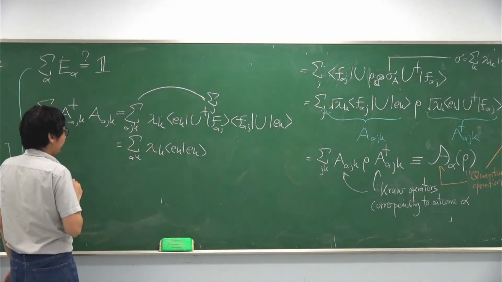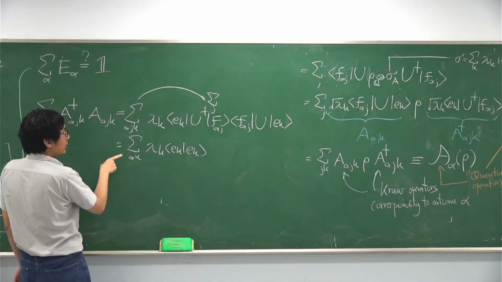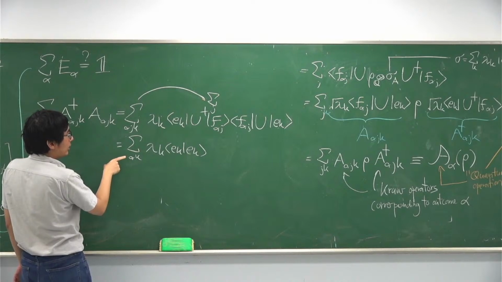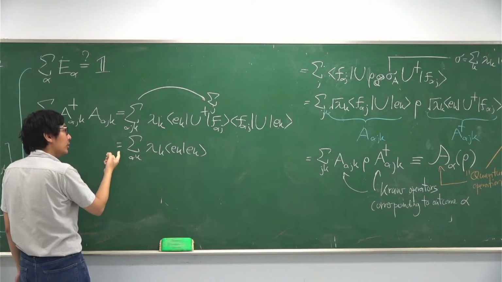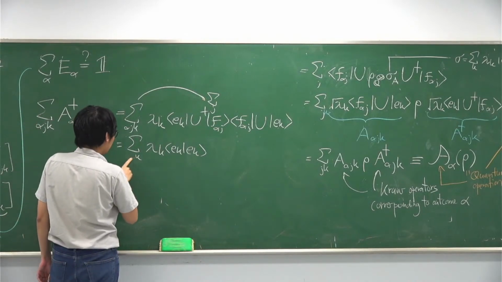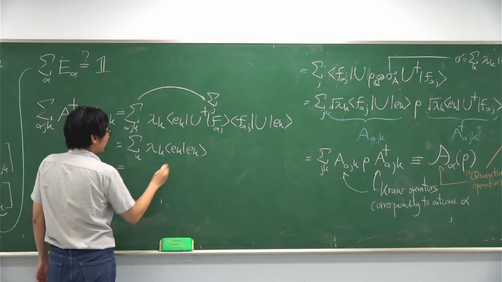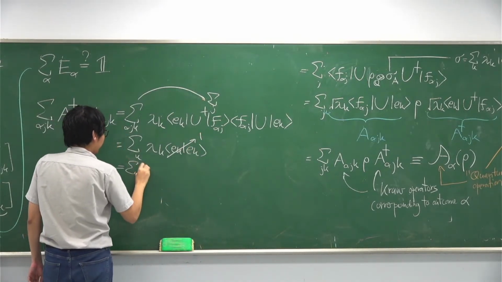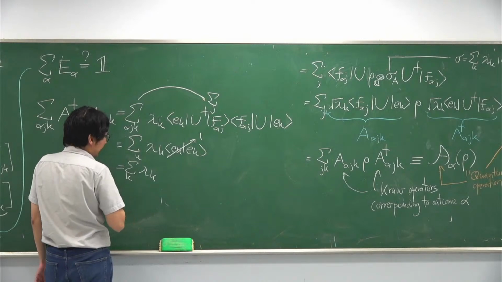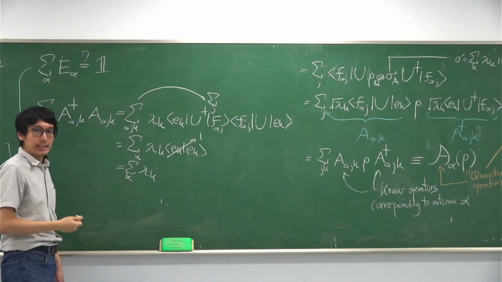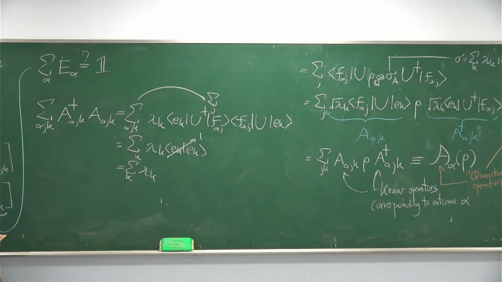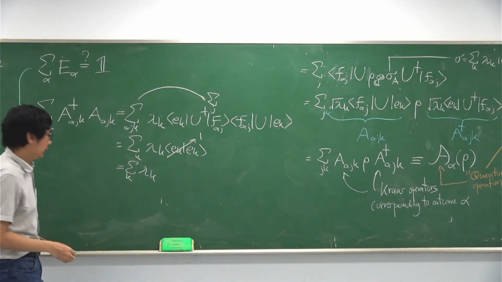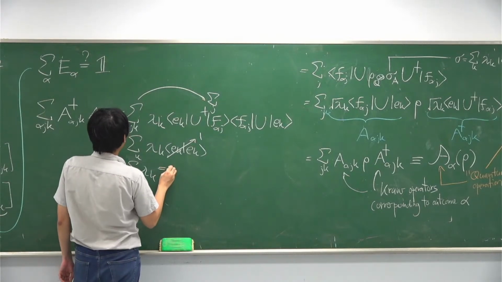Then it would be only a sum over k now. Since lambda k are the eigenvalues of the density operator sigma in its eigenbasis, this must sum to 1.